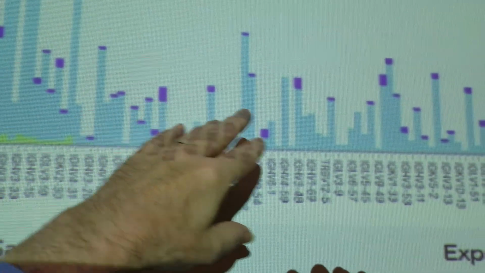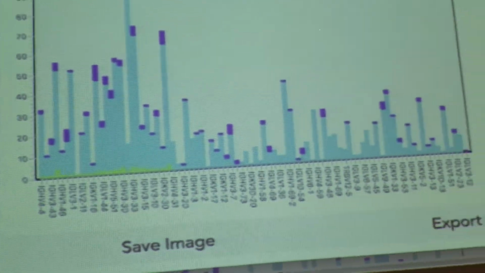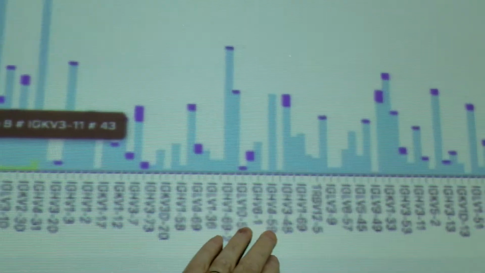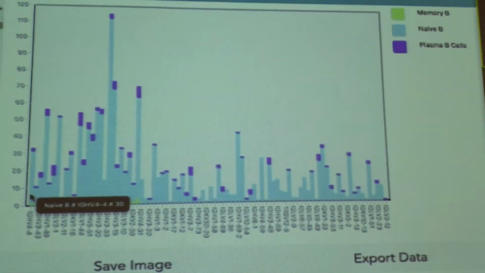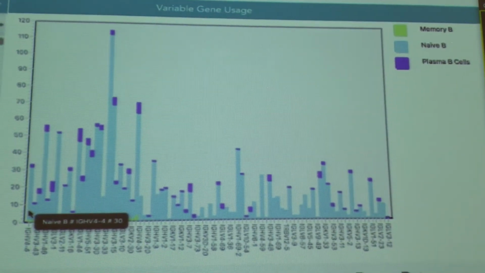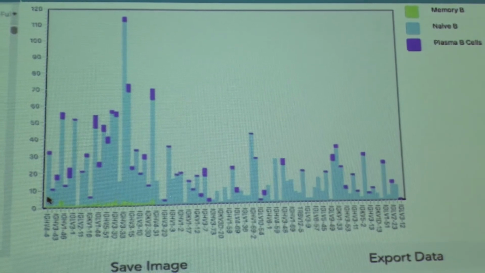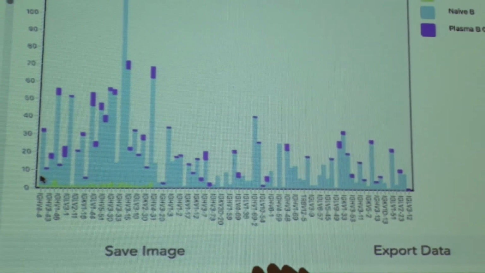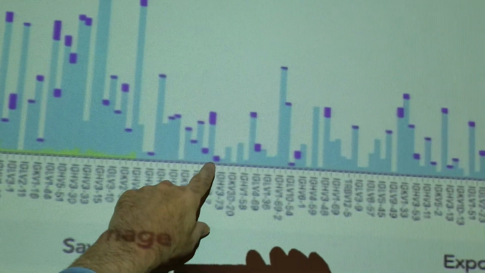Who is this? It's 166. And some get truncated, like this one, IGHV 4.59. Really biased. Yes, there's some bias here. This is exactly what I was thinking. You can see the bias. Some start out low, but look at that one. That's all plasma cell.